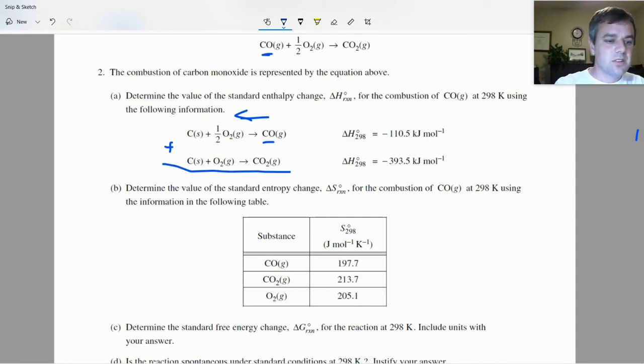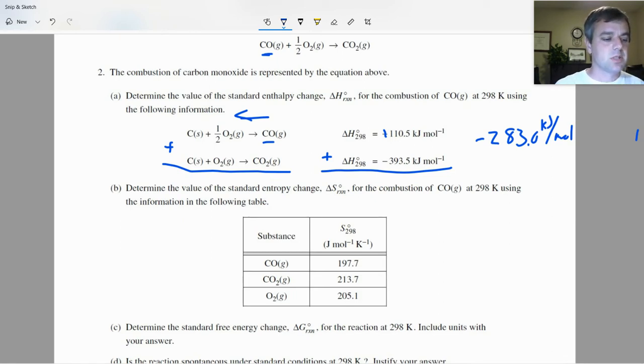And if we reverse a reaction, then we change the sign of delta H. So if we add these together, we would get negative 283.0 kilojoules per mole, meaning this is an exothermic reaction, which makes sense. It's combustion, it would release heat.